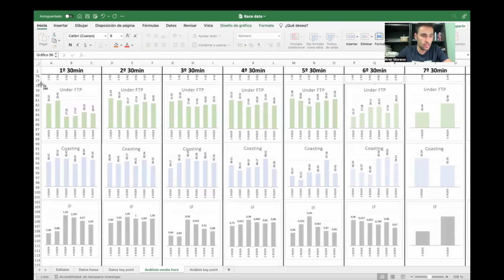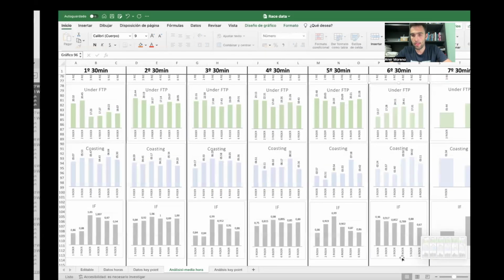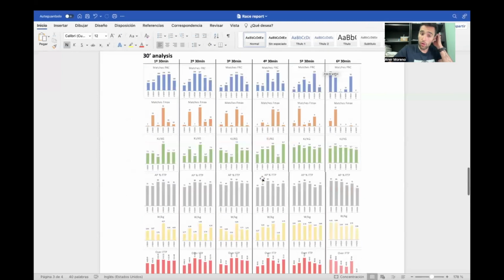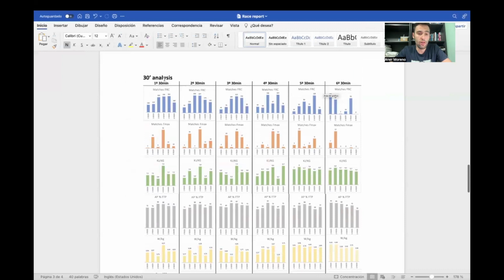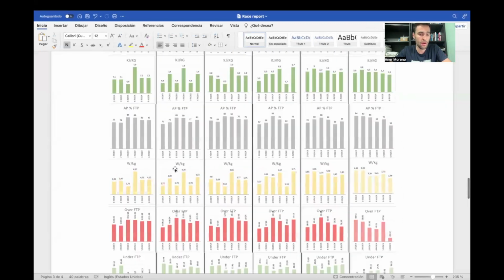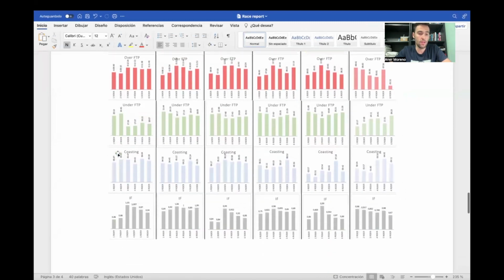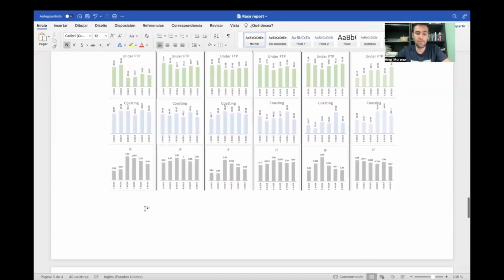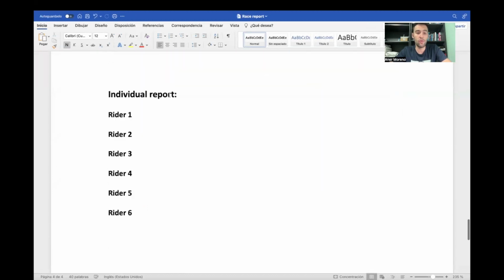This is useful information. So this way we have here the analysis of half an hour. Look, this is everything. The leader has spent less energy, more time under FTP, less intensity factor, and we are also going to make an individual report.